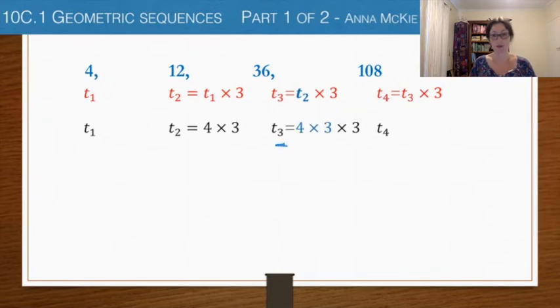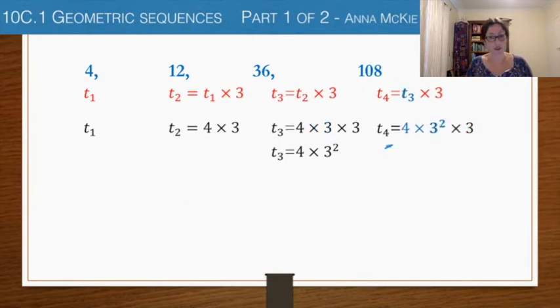Now, to get term 3, a way of thinking about it without using term 2 was that it was 4, which was here, times by 3 times by 3 to get to 36. Another way of thinking about that, it was 4 multiplied by 2 lots of 3, so 3 squared in this case. 2 lots of 3, you know what I mean? I don't mean 6, I mean 9.